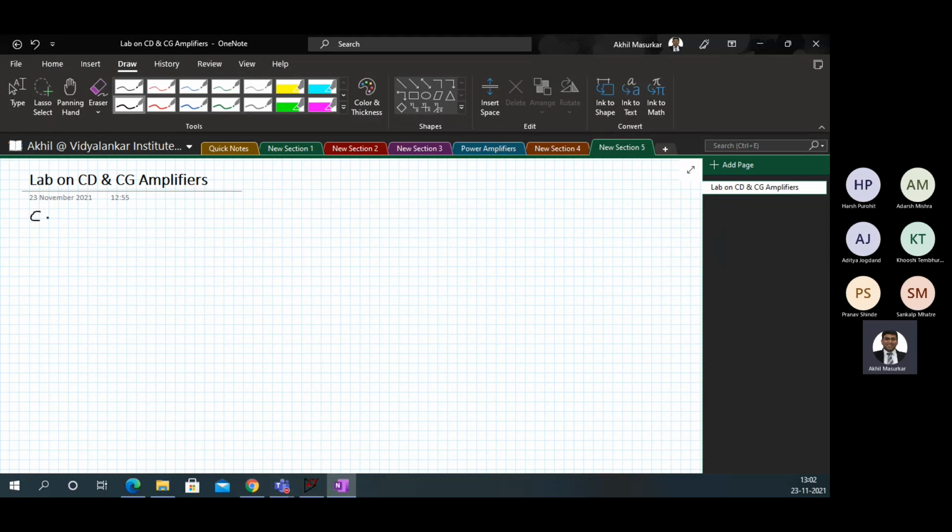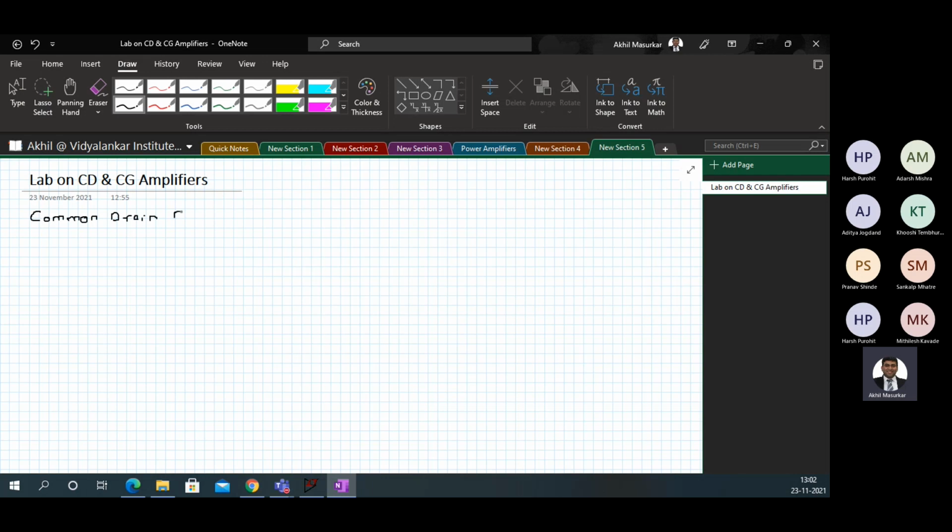So first we will see the common drain amplifier, and the common drain amplifier is also called a source follower. So we will see why it is called so.